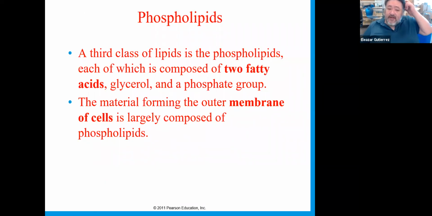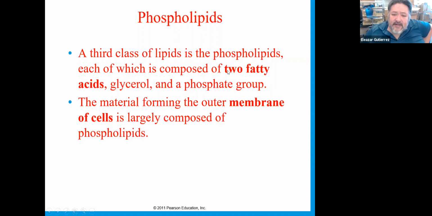Switching to phospholipids. A third class of lipids is a phospholipid. These are composed of 2 fatty acid glycerols and a phosphate group. This is the material that forms the outer membrane of cells and which is largely composed of phospholipids. Notice I have 2 fatty acids here.